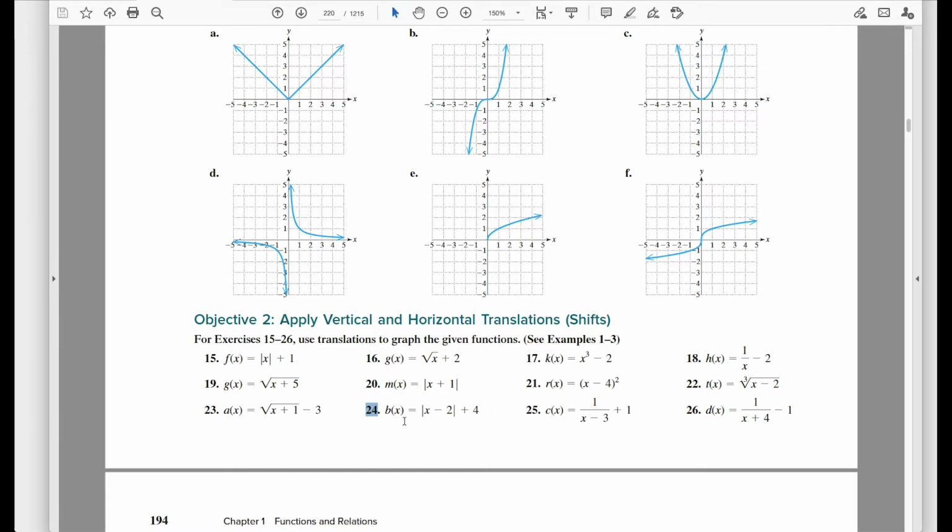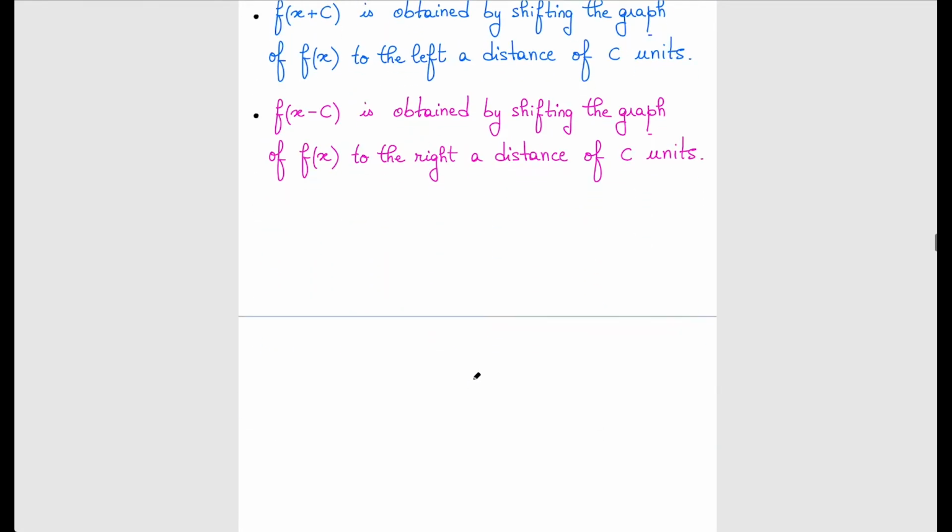So we have b of x equals absolute value of x minus 2 plus 4. So let's write this down. That's number 24: b of x is equal to absolute value of x minus 2 plus 4.